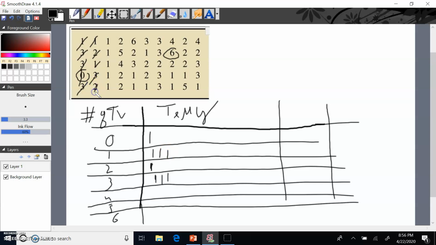It's a 3 and a 2. It's a 1, 1, 1, 1, 1, 5 times 1. 1, 2, 3, 4, 5, and so on. I can complete that quite easily. I don't show it. You can do that easily.